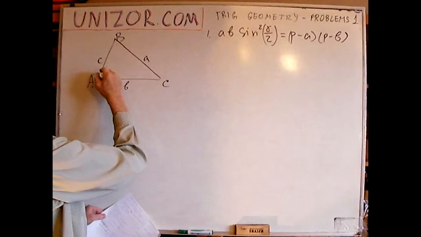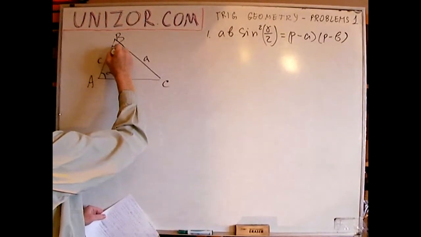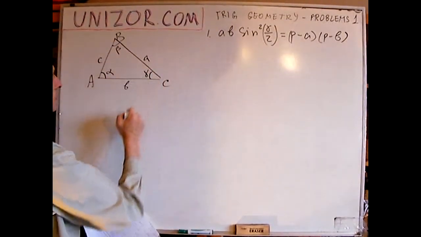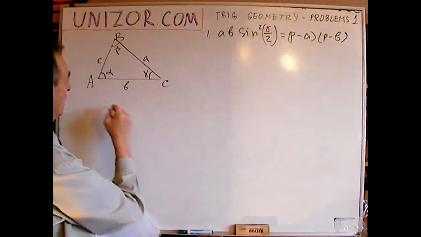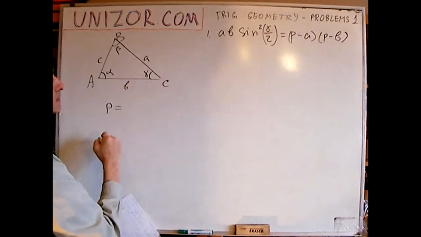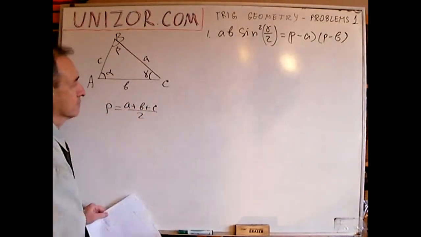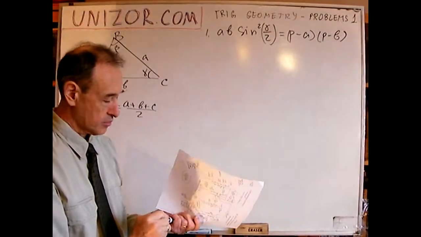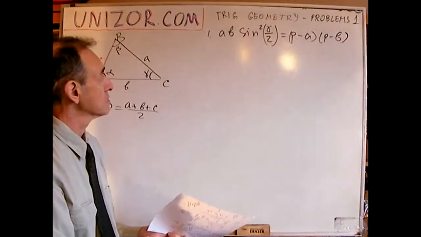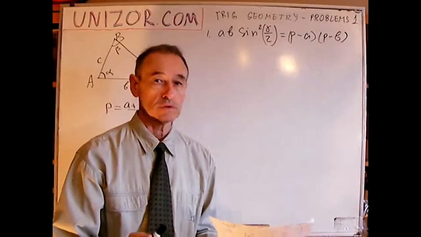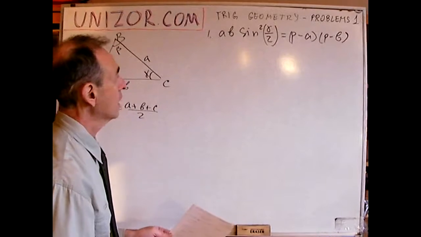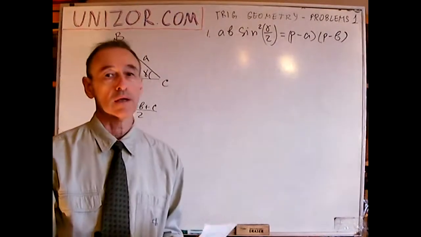The angles are alpha, beta, and gamma, again alphabetically, and lowercase p is half the perimeter. That's the symbolics which I'm using here, and I will try to use it more or less universally. So we have to prove that in any triangle this is true.